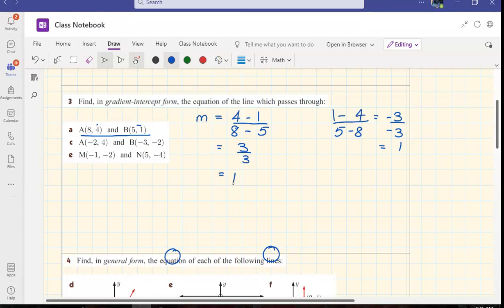I have to choose one of these points. What point would you like to choose? Some of you will go, I want to choose A because it's the first one I see. Excellent. Some of you would want to choose B because of the smaller numbers. You will get the same answer no matter what point you choose. Somebody said A first, so I'll go with that.